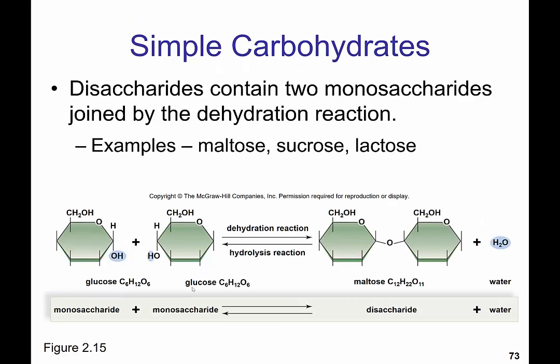Also simple carbohydrates are disaccharides. They contain 2 monosaccharides joined by the dehydration reaction that we saw earlier. Examples of disaccharides are maltose, sucrose, and lactose.